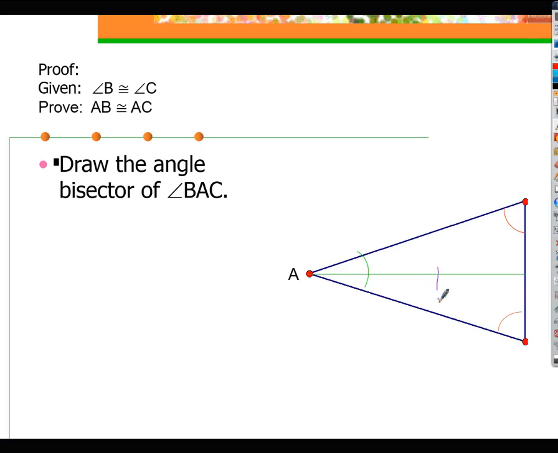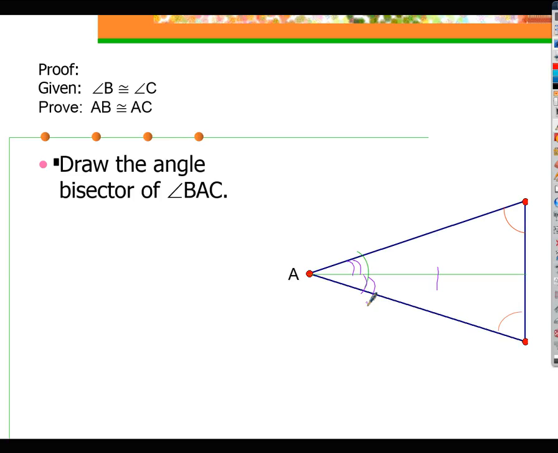Okay, we know these are congruent, and if this is an angle bisector, then it's cutting angle BAC into two congruent pieces. So now, by angle side, we can show that the two triangles are congruent, right?